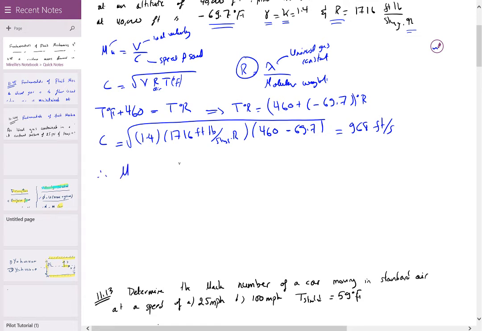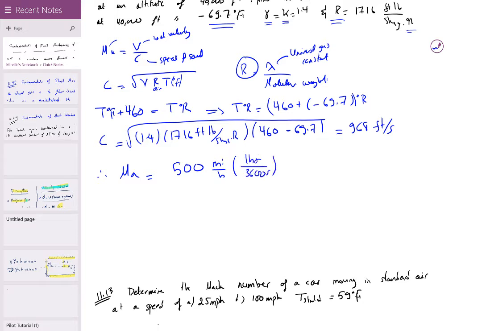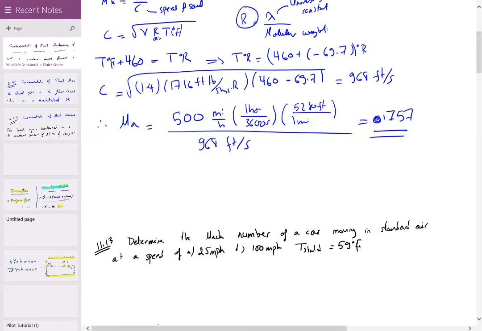Therefore, my Mach number is the local velocity, 500 miles per hour, converted to feet per second using 3,600 seconds per hour and 5,280 feet per mile, divided by 968 feet per second. So my Mach number is 0.757. This is a subsonic flow.